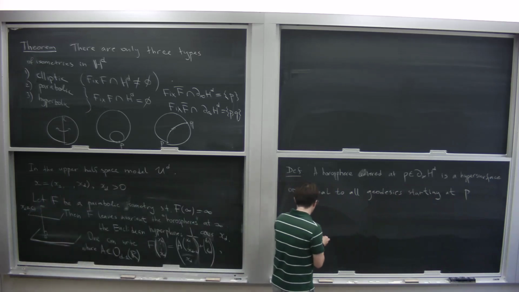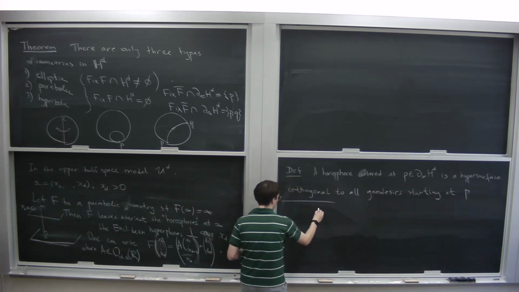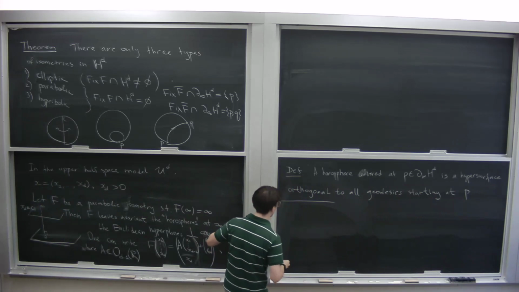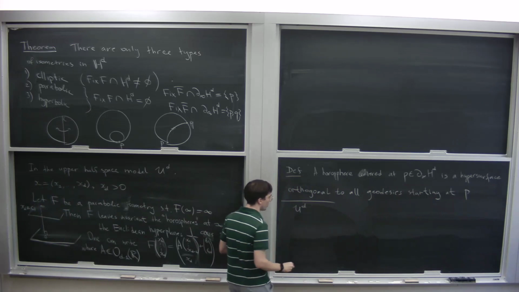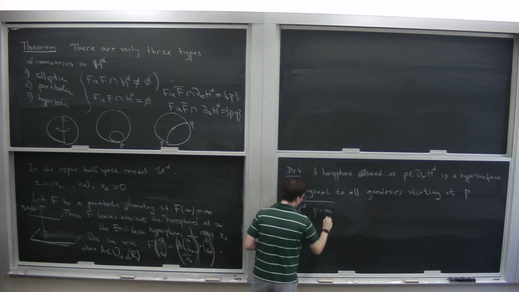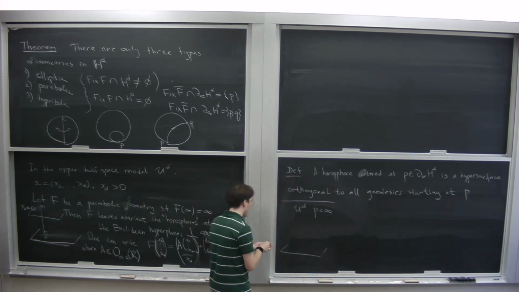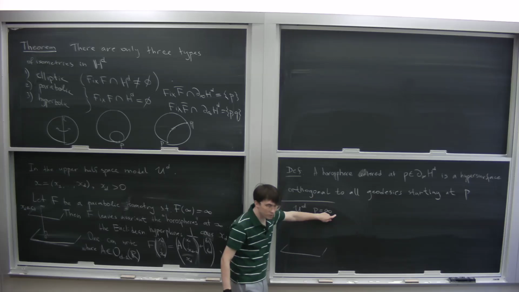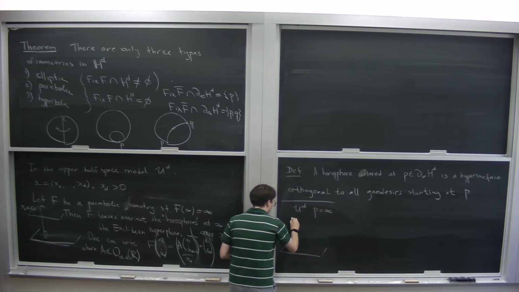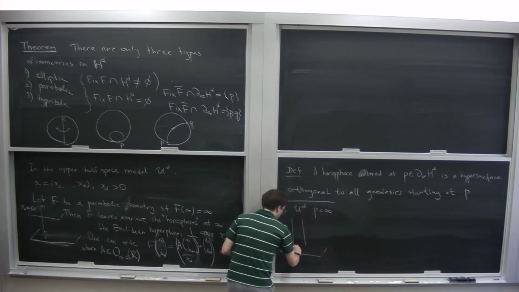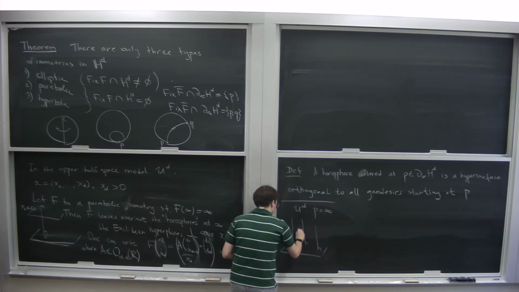In the Poincaré model, this looks like that. Actually it's easier to start with the upper half plane model. So in the upper half plane model, let P be the infinite point, right? Then my geodesics starting at the infinite point are precisely all vertical half lines.